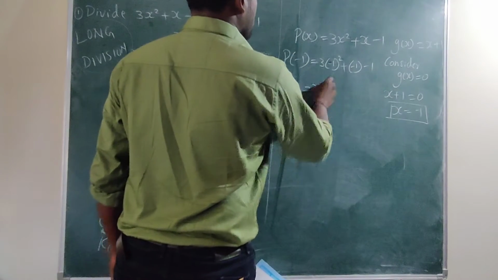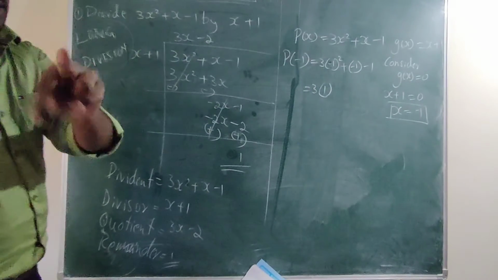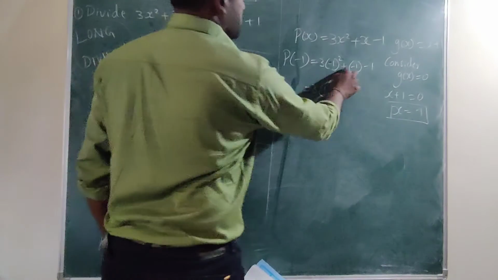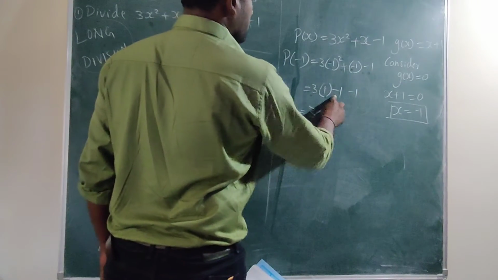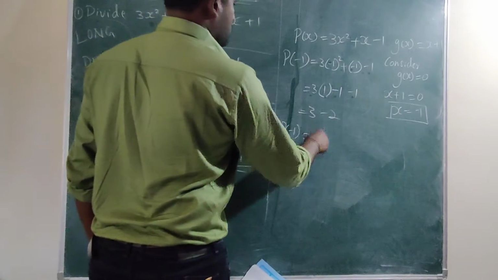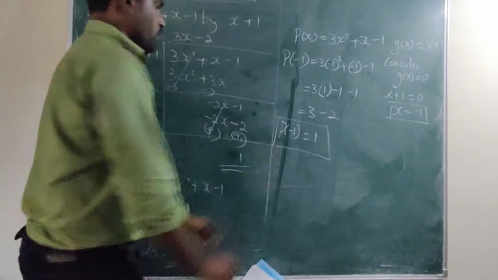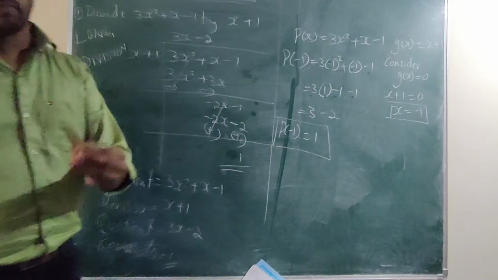Here minus 1. 3 into minus 1 square means plus 1, because minus into minus is plus. Plus into minus is minus. Here minus 1. 3 ones are 3. Minus 1 means minus 2. P of minus 1 is equal to 1. Here also we got the same answer.